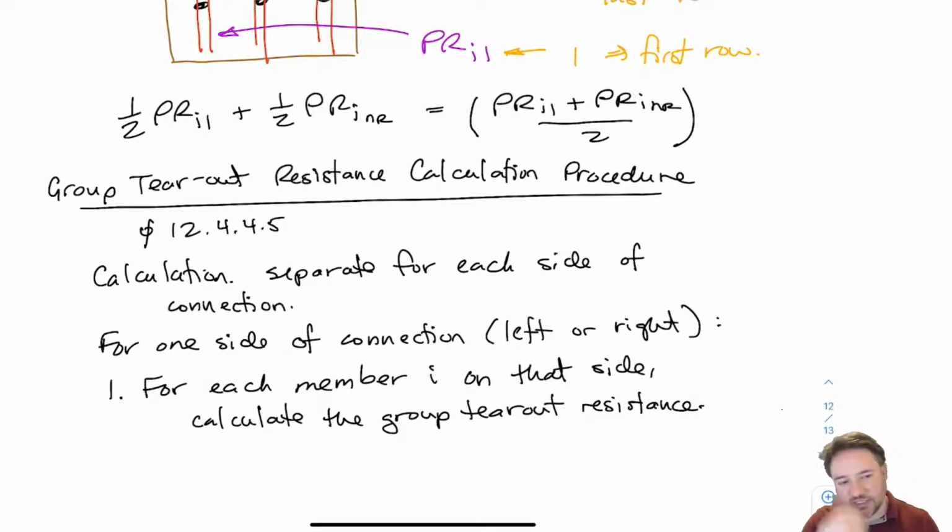If one of my sides is steel, then I'm going to use the steel code, the steel standard, to calculate the group tear out there. Okay, which we're not going to do in this course. So for one side of the connection, I have to do this for each member. I have to calculate the group tear out, and then later I'm going to add up all the members on that side to find the total group tear out resistance for that side of the connection.